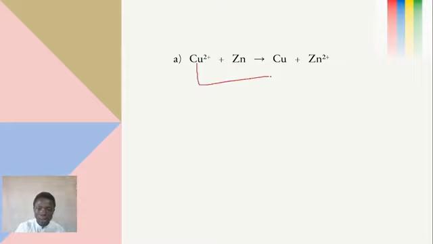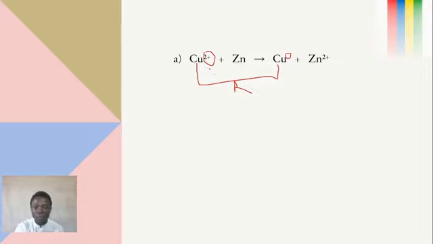The oxidation number of this one is 2, that's why we say it's copper 2. And here is copper metal, so the oxidation number here is 0. Going from 2 plus to 0 means there is a reduction.